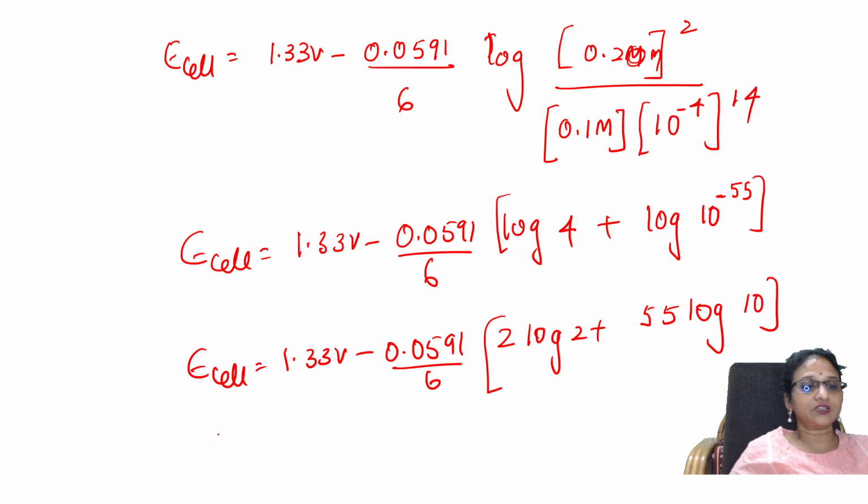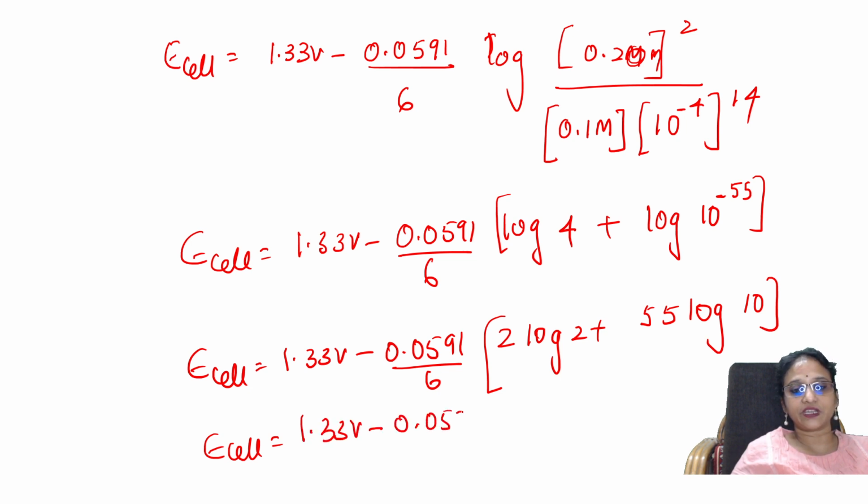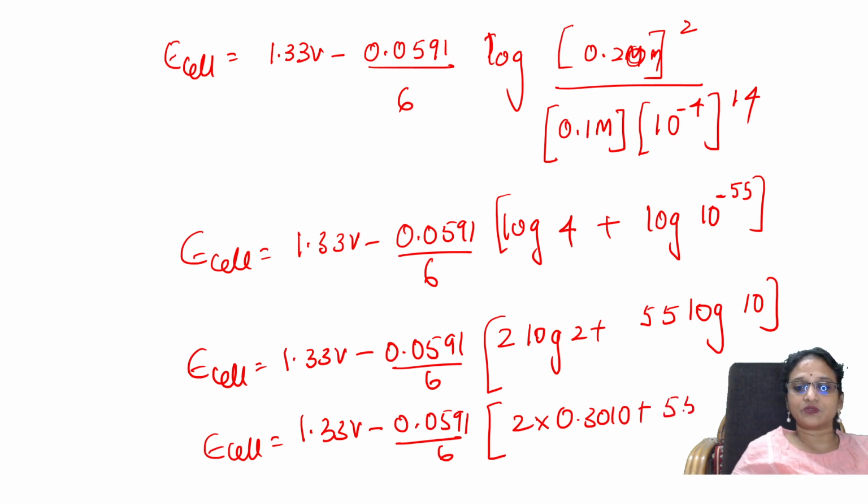Correct. Now further you simplify. E cell is equal to 1.33 volts minus 0.0591 by 6 into, what is log 2? 0.3010. How much is this? Log 10 is 1. So what is left? Only 55.